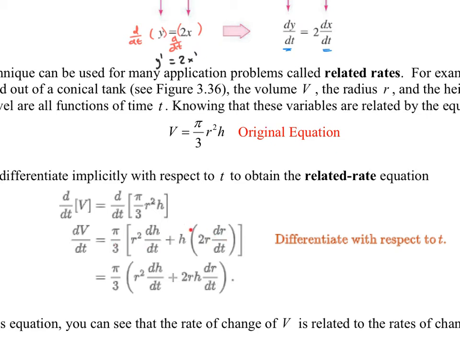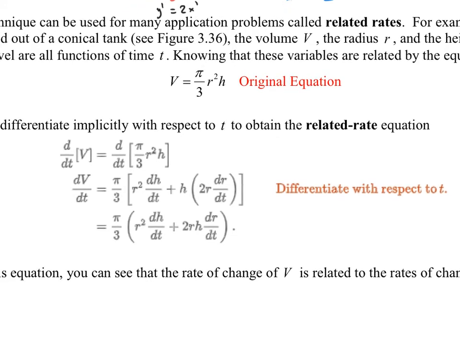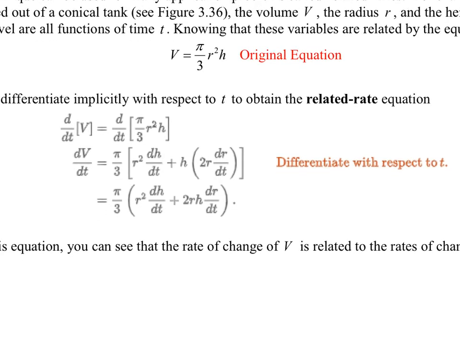All they did was factor out the pi over 3, but everything else is the same as what I just said. So when you do that, you have a related rate, rates of change. We have that v prime would be equal to pi over 3 times r squared times h prime plus 2rh times r prime.